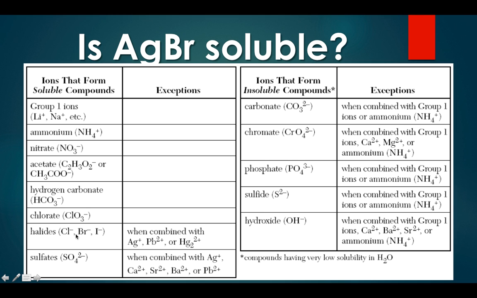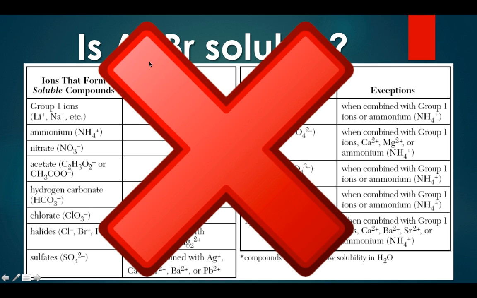So bromine will form a soluble compound except when it's combined with one of these ions. And notice that silver is here. So bromine is soluble except when combined with silver. And since we're looking at bromine and silver together, this compound is not soluble. The bromine normally would be, except when it's combined with silver.